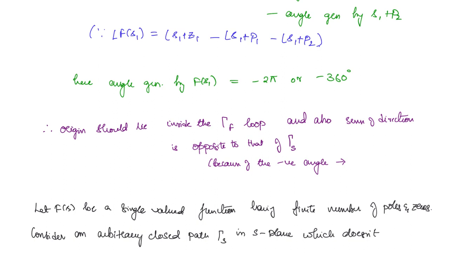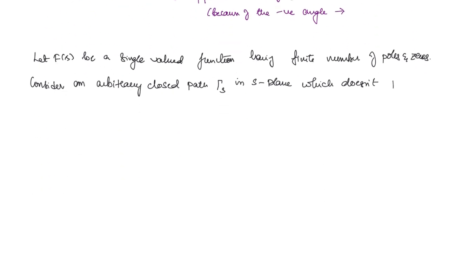That means none of the zeros or the poles was lying on the contour. This point is important. Okay, so consider an arbitrary closed path in the s plane which doesn't pass through any of the zeros or the poles of f of s.